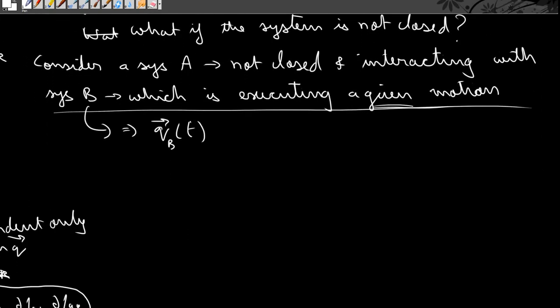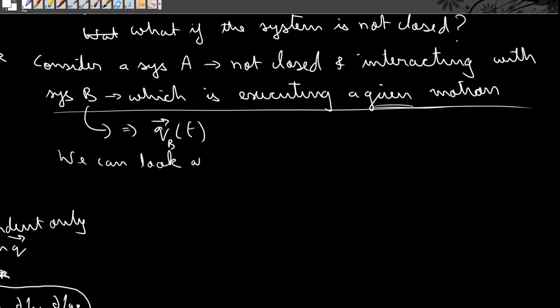Then how do we find the Lagrangian for a system A which is interacting with this system B? To do this we will use the following approach.